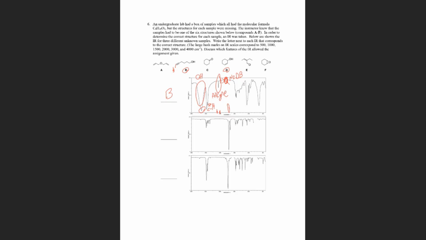Yep. So that's right around 1700. So the carbonyl, if we look at our options, we've got a classic ketone and we've got an aldehyde. So how will we differentiate between a ketone and an aldehyde?